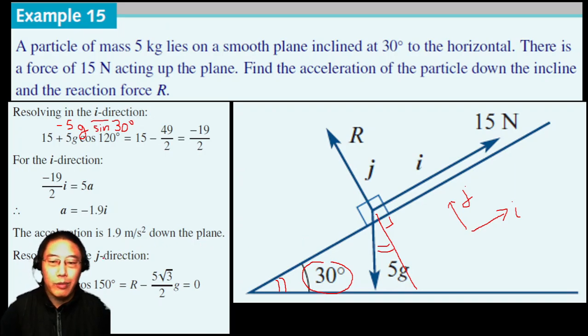Now if we resolve in the j direction, which is parallel to the reaction force, we have a reaction and we have a weight force. Again, if I use my 30-degree angle, because it's downwards, it's going to be negative 5j.